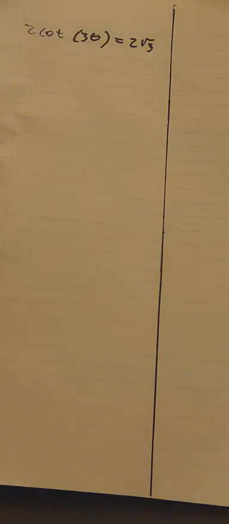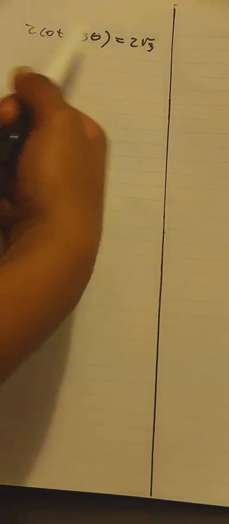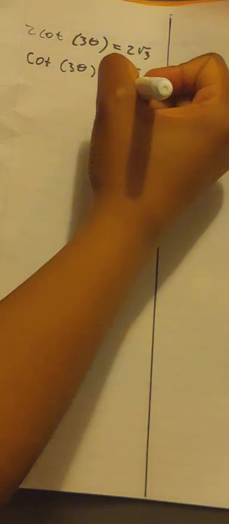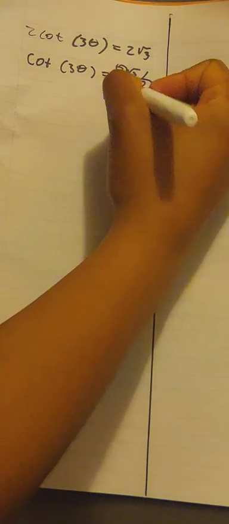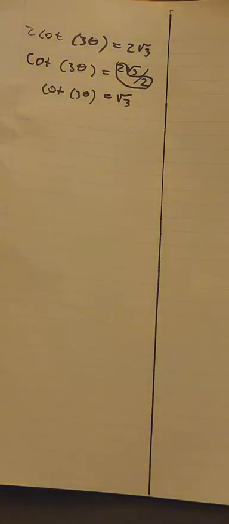Okay guys, the first thing we do here is divide by 2 on this side, right? So we're going to be left with cot 3 theta is equal to 2 root 3 divided by 2. That means this will cancel this one, and we'll be left with cot 3 theta is equal to root 3, guys. What do we know about this?